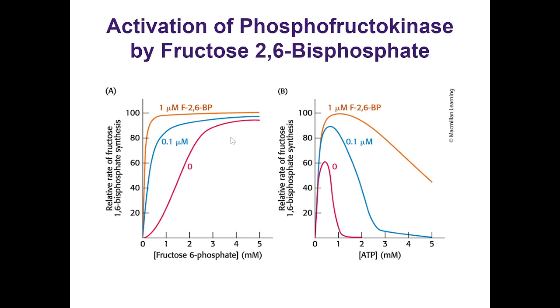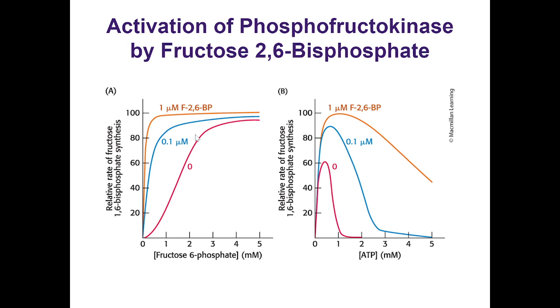This is going to be the one for the F26-bisphosphate. This is your relative rate of your fructose 1,6-bisphosphate synthesis, and this is 100 right here. This would be the 0 to 100. This is the fructose 6-phosphate concentration. Again, the more substrate you have, the more active things will be able to be, because we have more substrate to use, right?